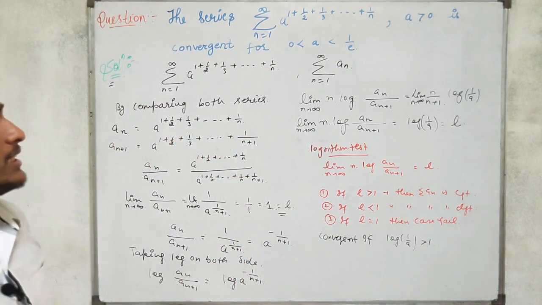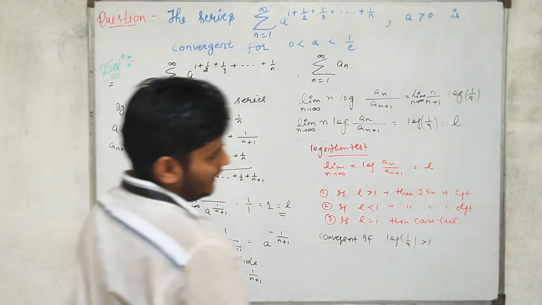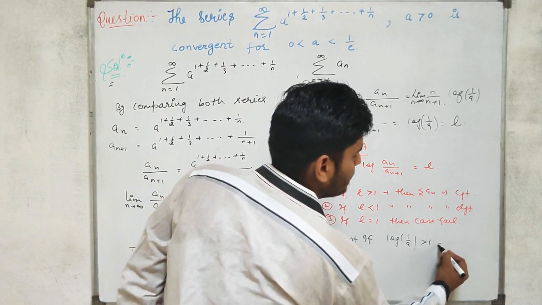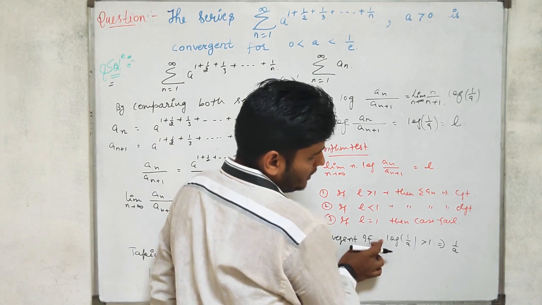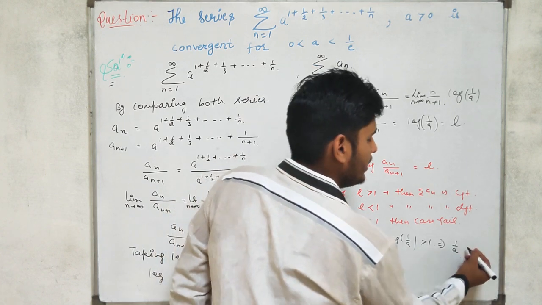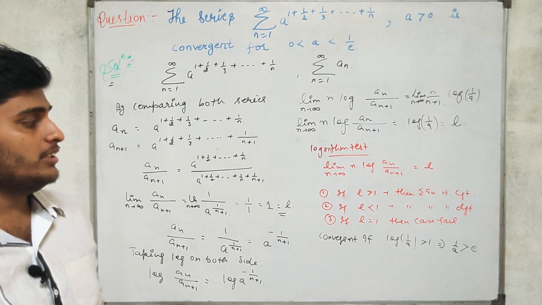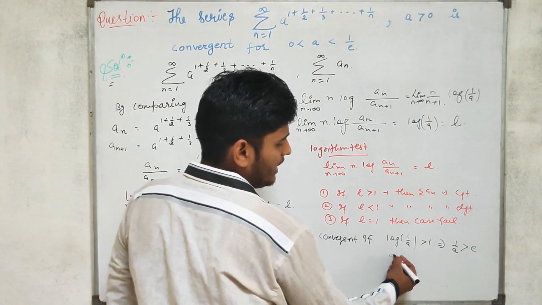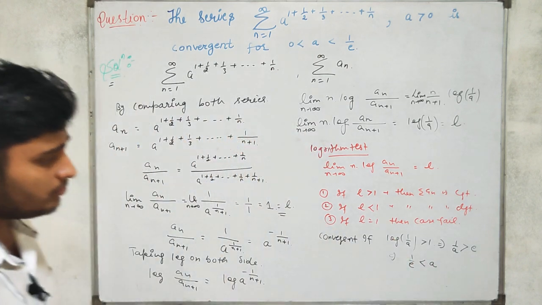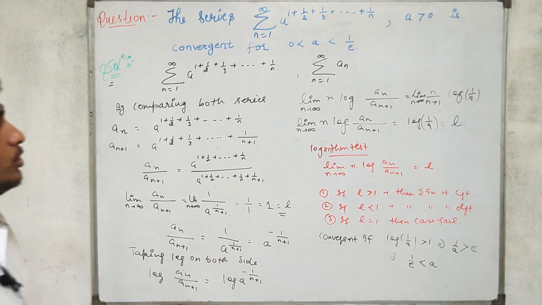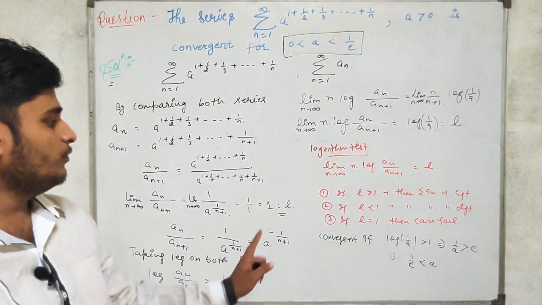Then taking exponential on both sides, the exponential cancels out with log, and 1 by a is greater than e raised to the power 1, which is e. Is that clear? Now taking reciprocal on both sides, we get 1 by e is less than a. So we prove this here. This is the condition for convergence.